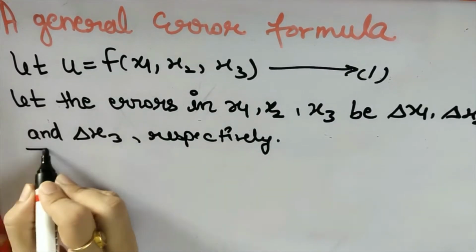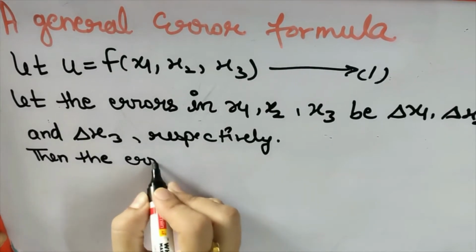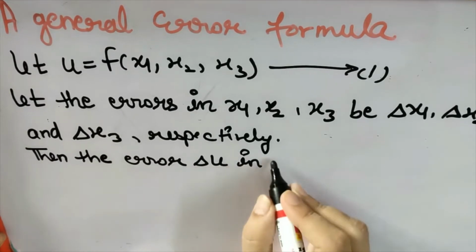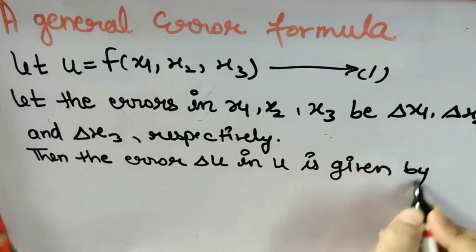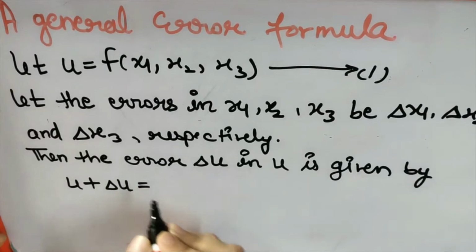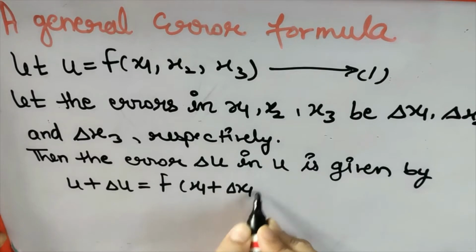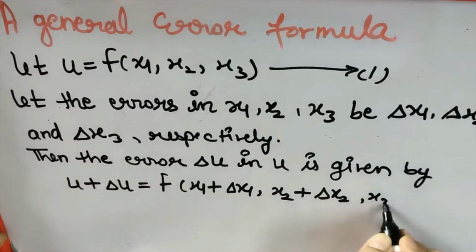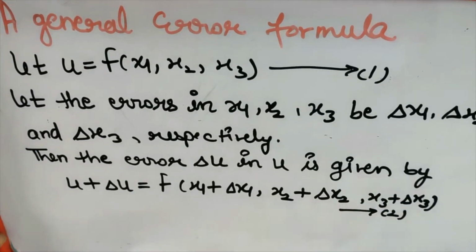Then the error delta u in u is given by u plus delta u equals f of x1 plus delta x1, x2 plus delta x2, x3 plus delta x3. This is our equation number 2.